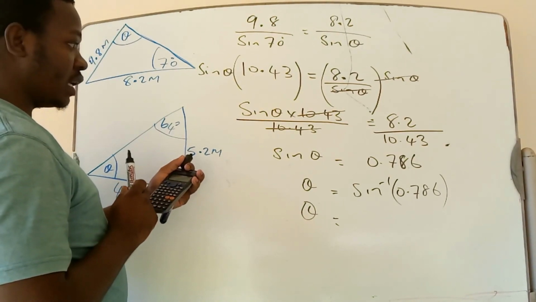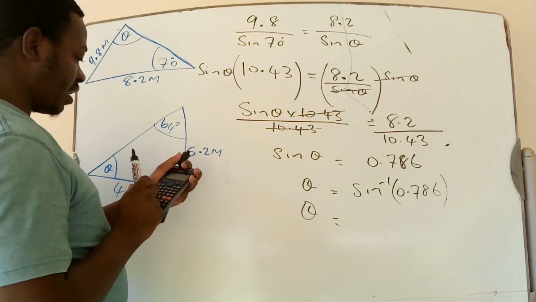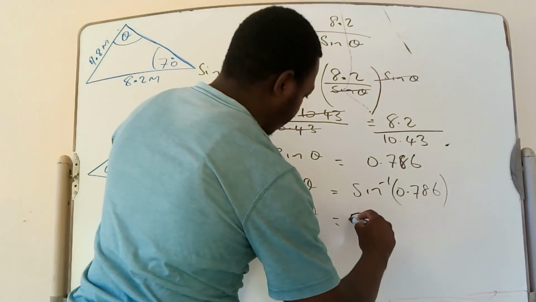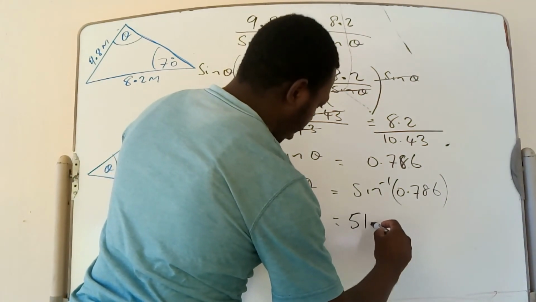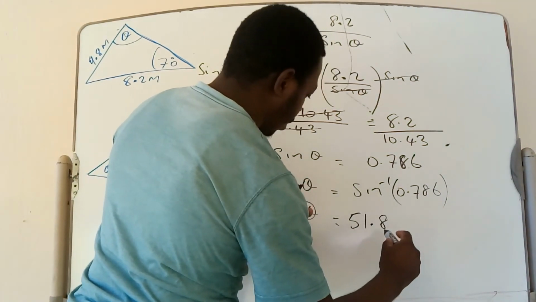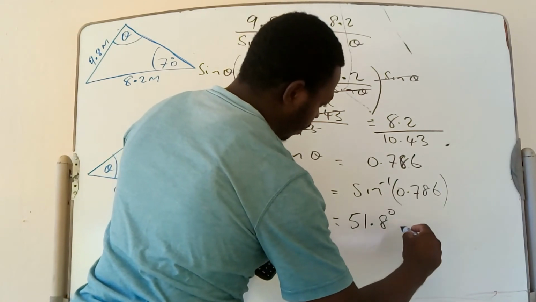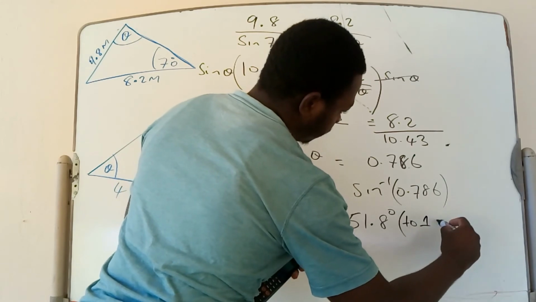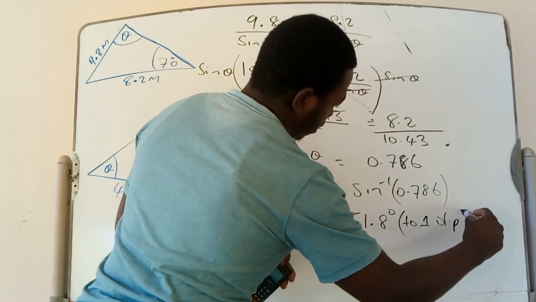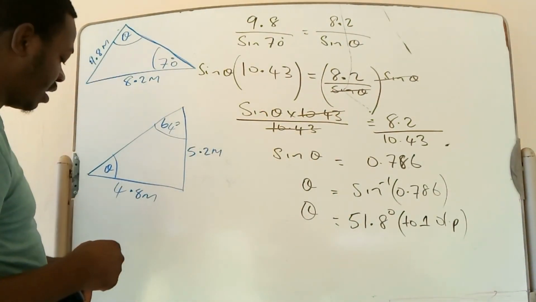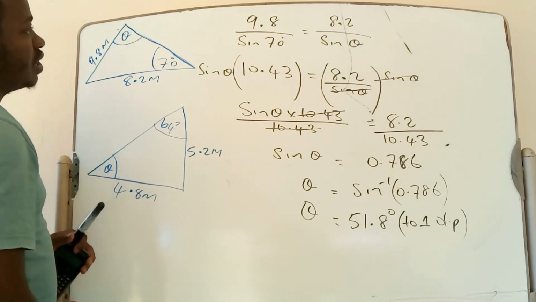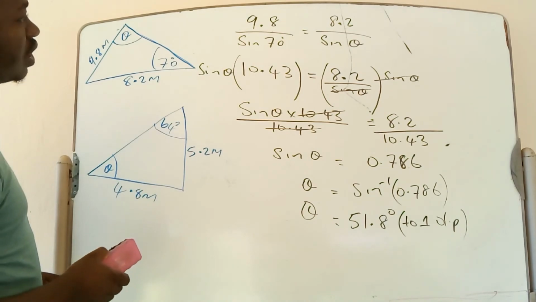Type in 0.786, close your bracket, press equal, and that gives you approximately 51.8 degrees, correct to 1 decimal place. And that's your answer there. That's the approach that you will use to calculate a missing angle using the sine rule.